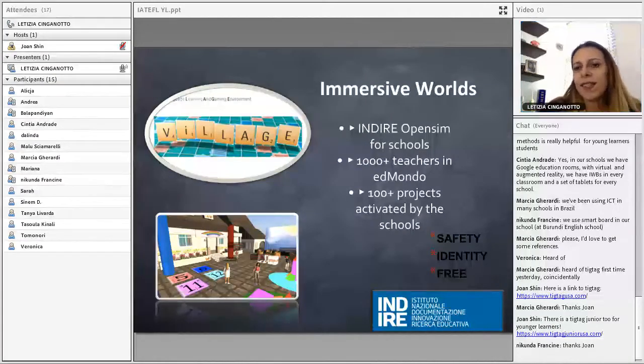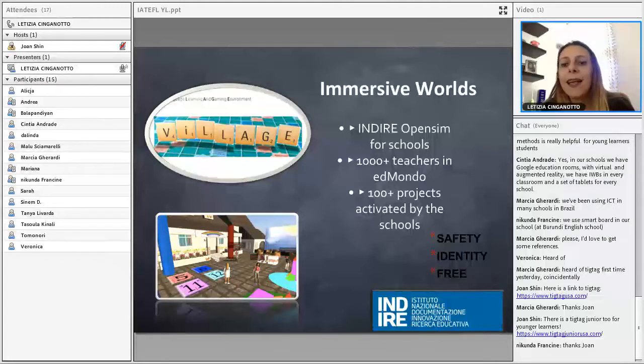I just want to spend a couple of words about immersive worlds, in particular because we have in our institute a sort of Second Life, which is called Edmondo, and English Village is a region, a land of Edmondo, which is a sort of Second Life where we can be really creative. Our teachers can go there with their students.